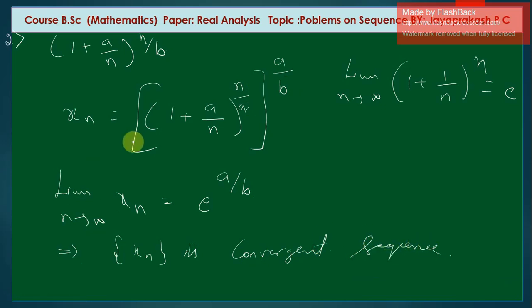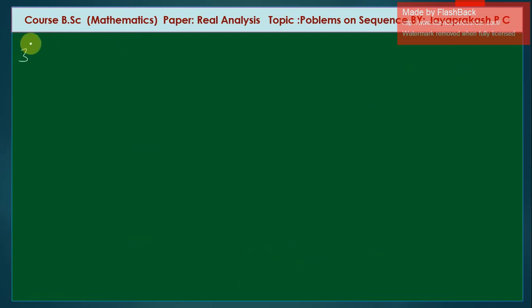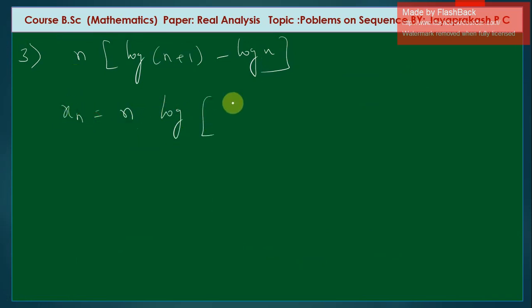Let's take another example in terms of logarithms. The last one in type 2 is n into (log of (n plus 1) minus log n). So we take xn is equal to n (log (n plus 1) minus log n), which is n log of (n plus 1) by n.